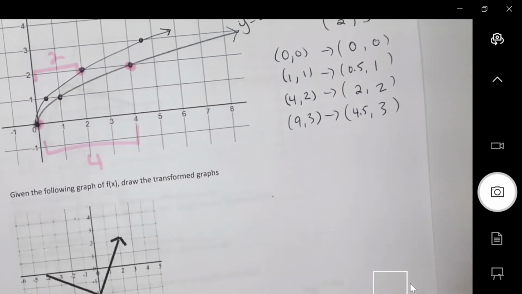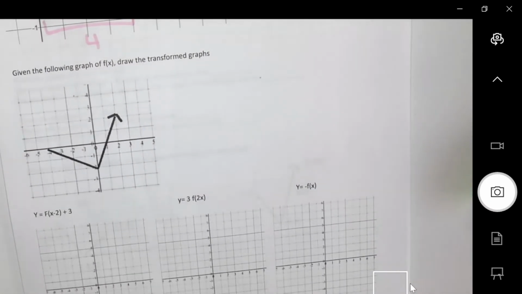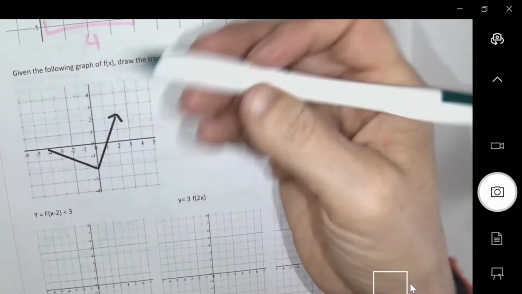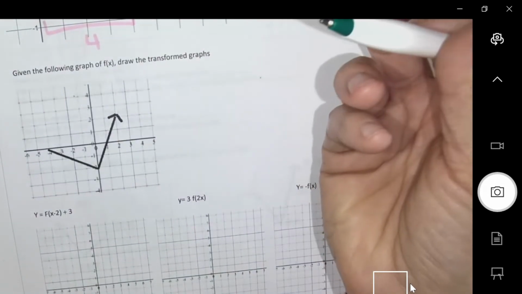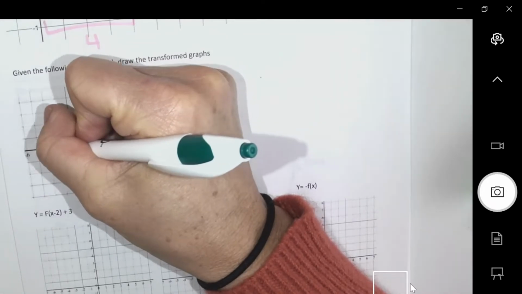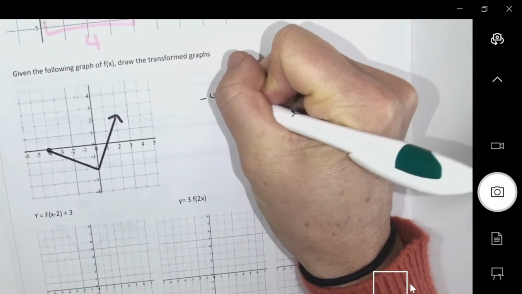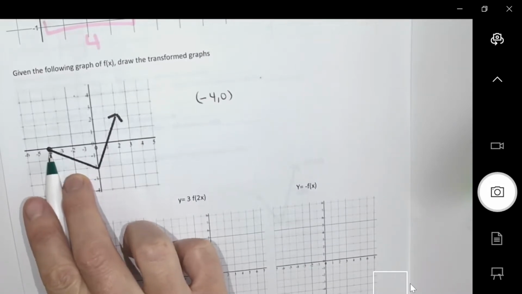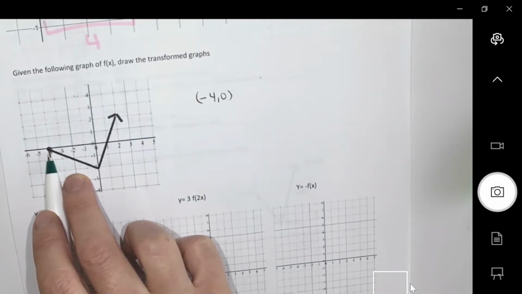Okay, last one. If I give you any random graph, you better just pick some points, any points you want. So I probably suggest taking the coordinate -4, 0. What would be a next good coordinate to take?